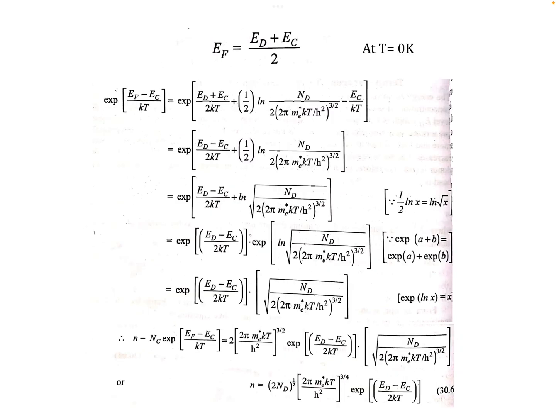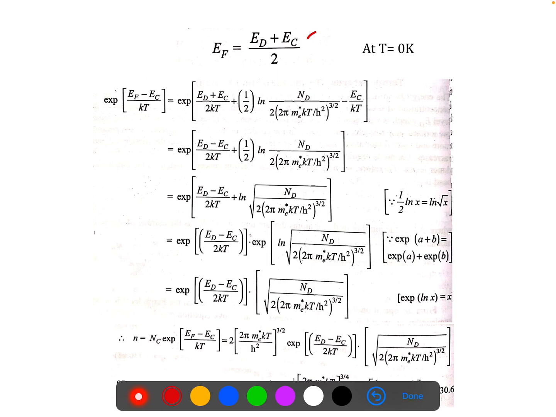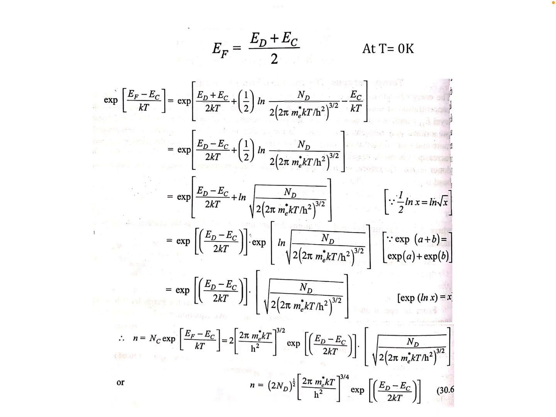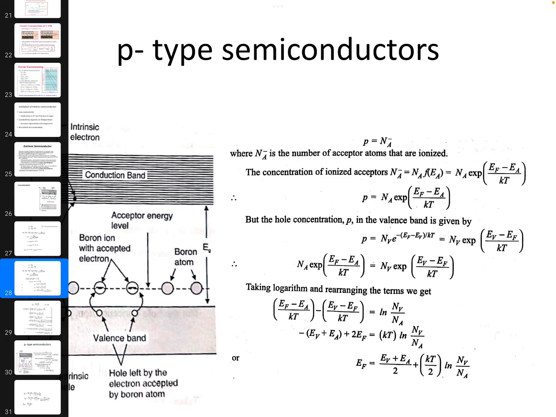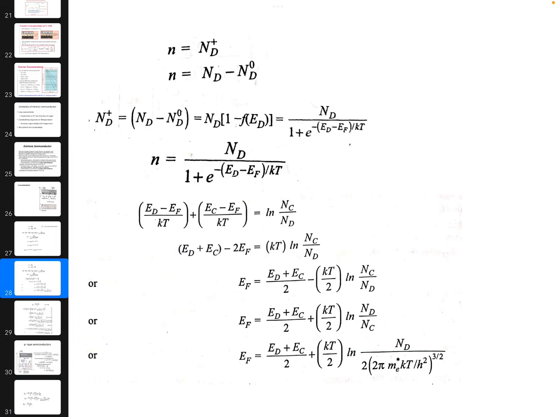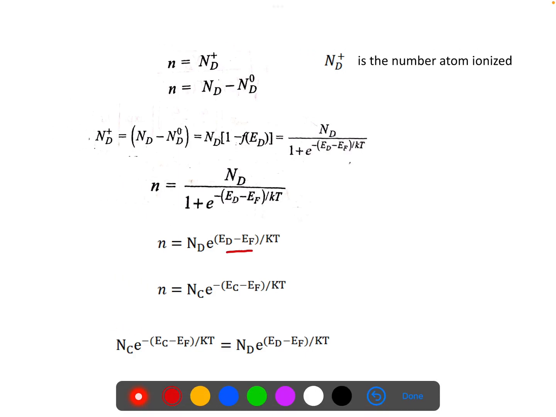Okay, now after doing all that, you just replace the NC values here. Now EF, that is the new EF, is ED plus EC, exponential EF minus EC. Why do you want to do that? Just a minute, let's go back. If you look at this EF value, you can substitute it here.